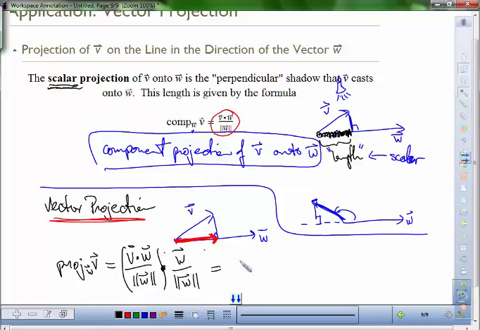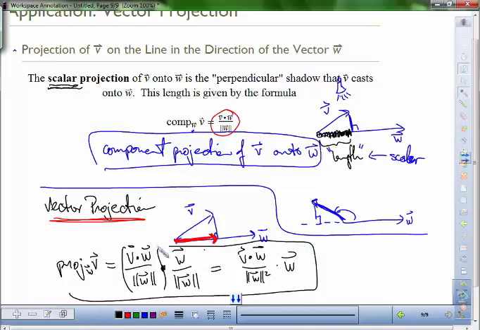And so what's our revised formula going to look like? So this is your formula for projection. It's V dot W divided by whatever you're projecting it onto, the magnitude squared, times the vector W.